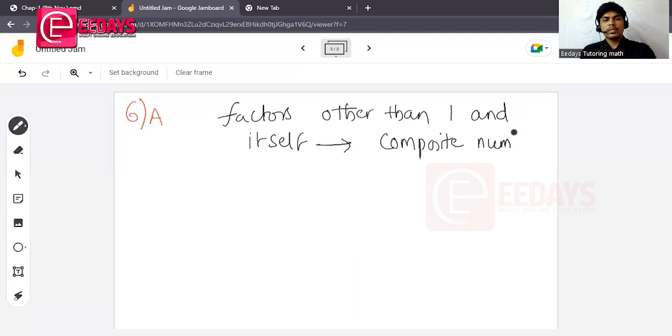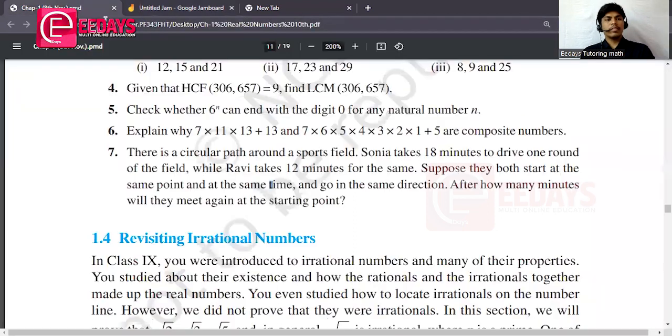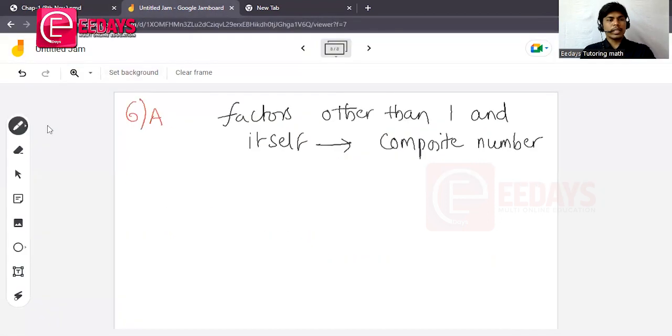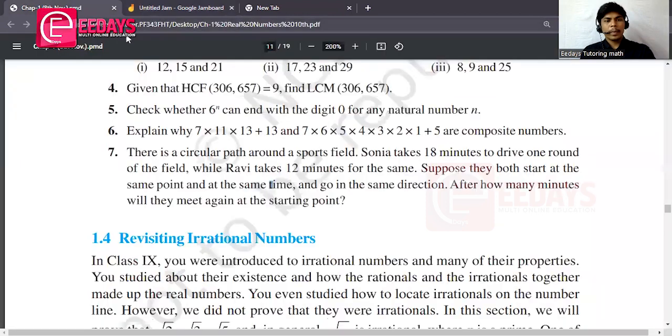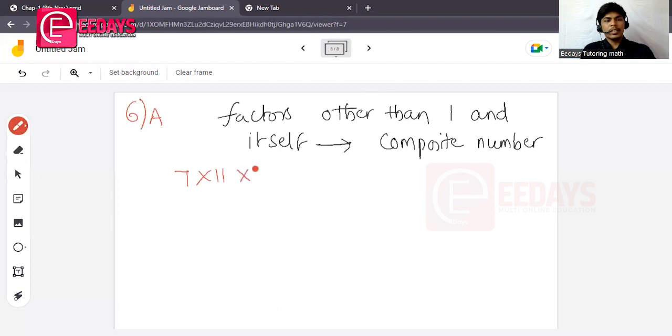Here in the question, let's write the question first: 7 into 11 into 13 plus 13. If you take 13 as common from both, we can put a bracket for this.